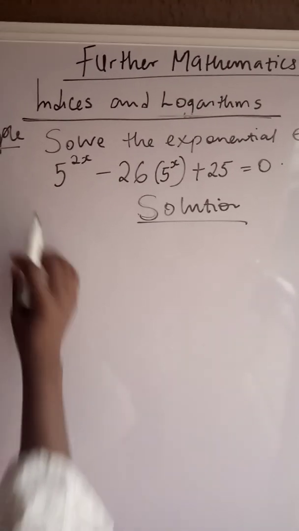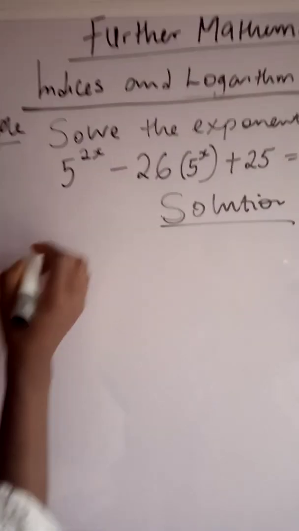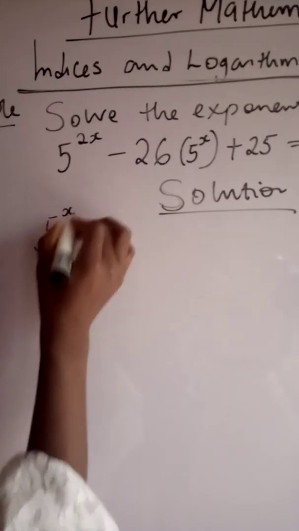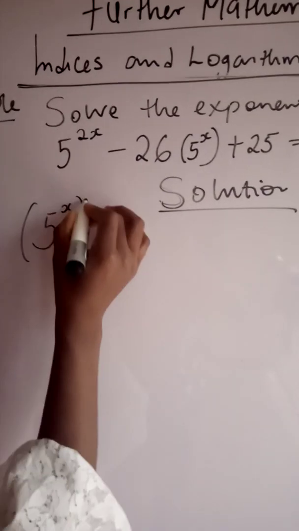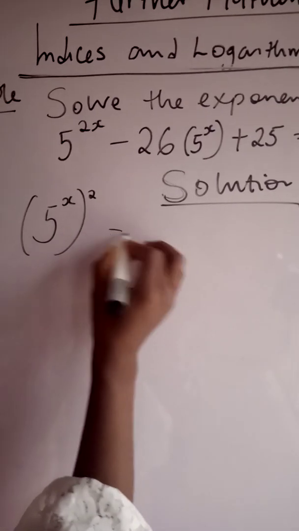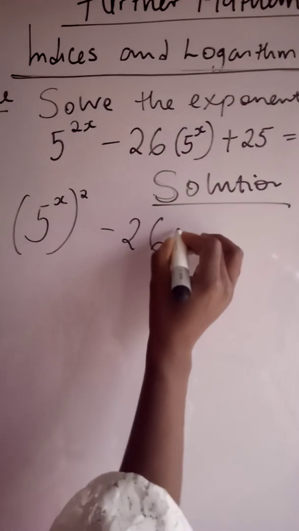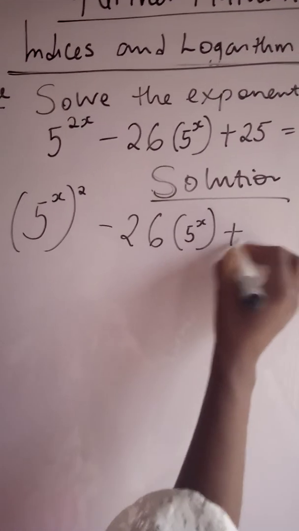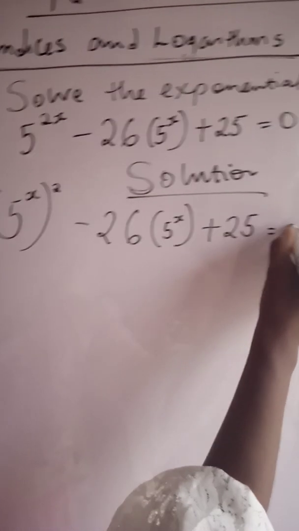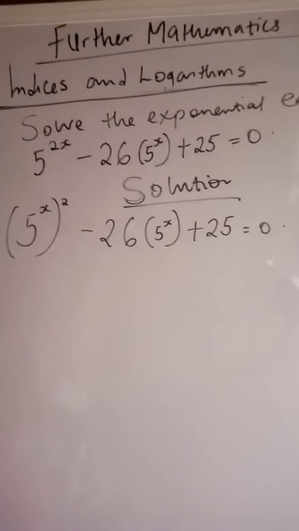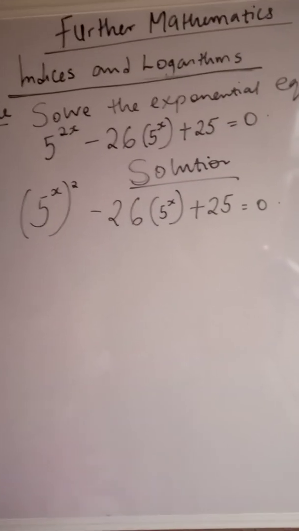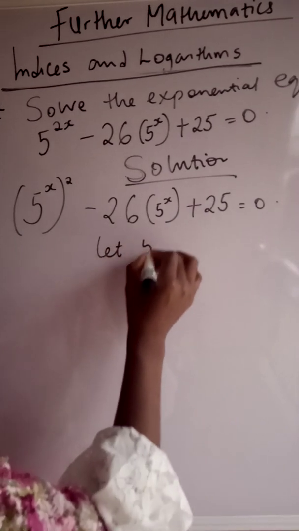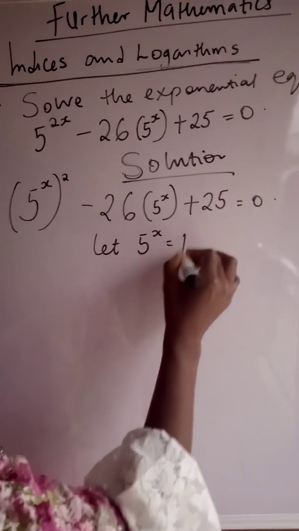Now, in this equation, I'm going to rewrite this equation by saying (5 raised to power x) raised to power 2 minus 26(5 raised to power x) plus 25 equals 0. Now, the next step I'm going to take is that I will let 5 raised to power x be equal to p.